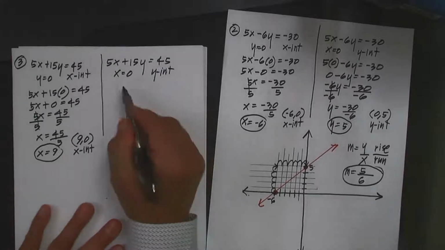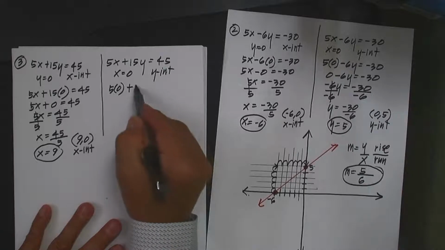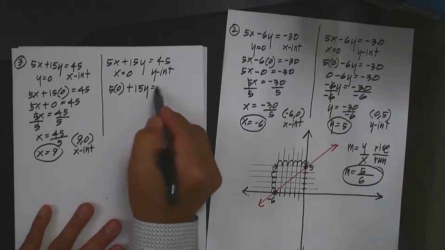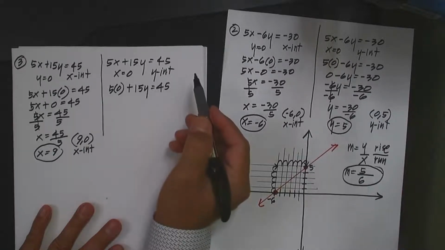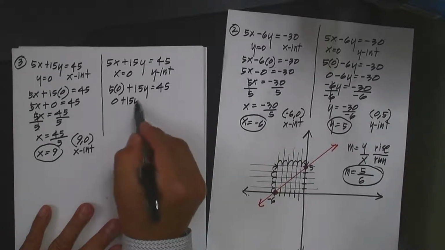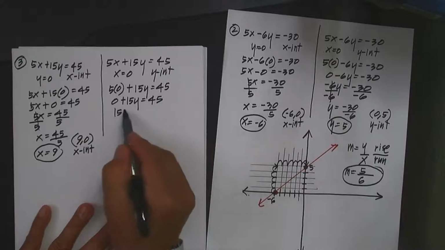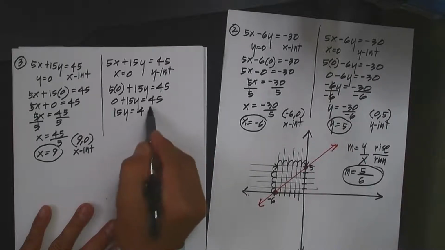Next, 5 times 0 plus 15y is equals to 45. And then this becomes 0 plus 15y is equals to 45. Then copy 15y is equals to 45.